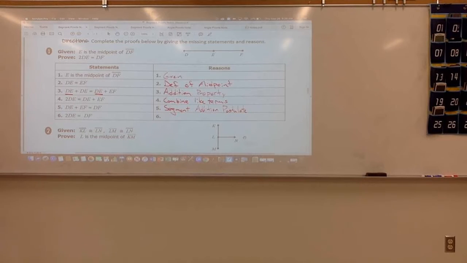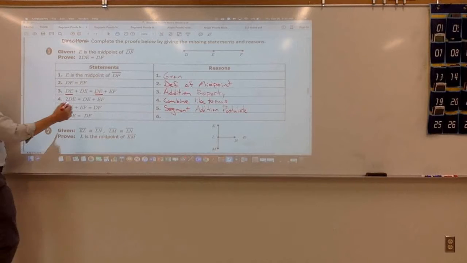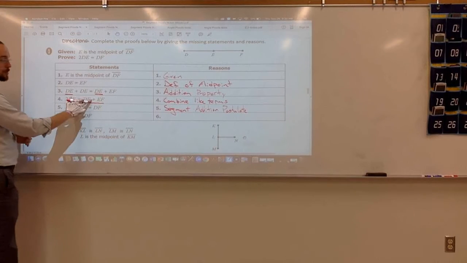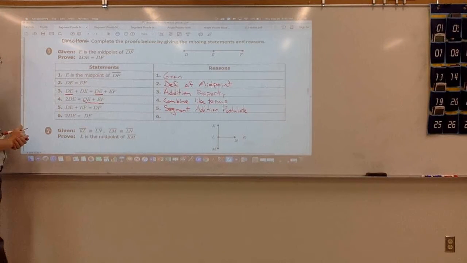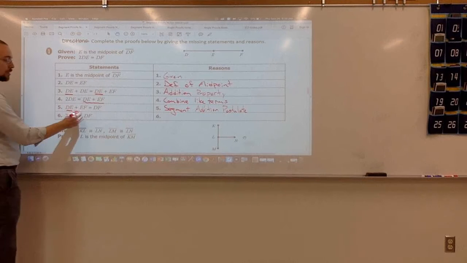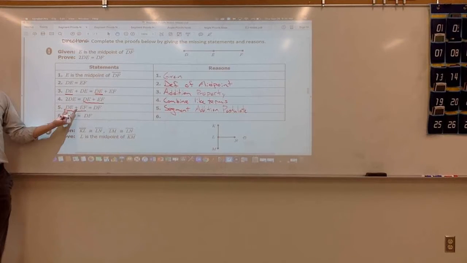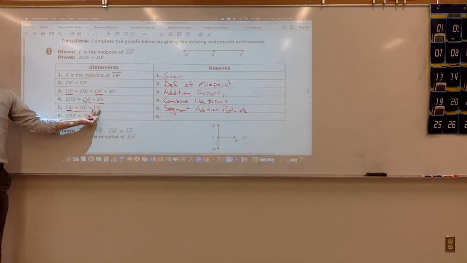This one might be a little more difficult to see at first, because we have to think about two of the previous lines. In lines 4 and 5, we said that DE plus EF is equal to 2DE, and that same thing, DE plus EF, is equal to DF.